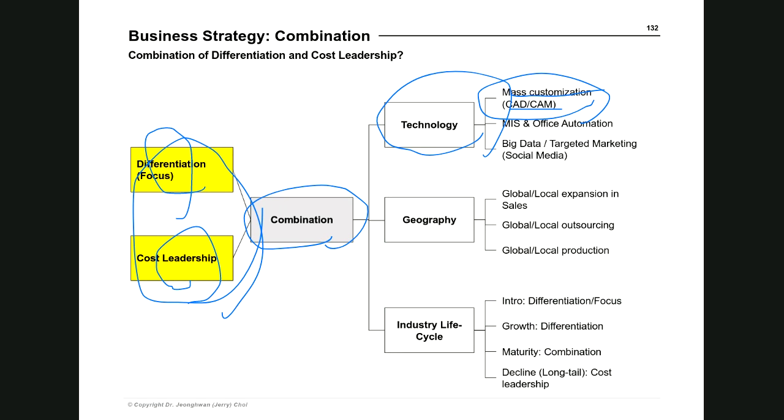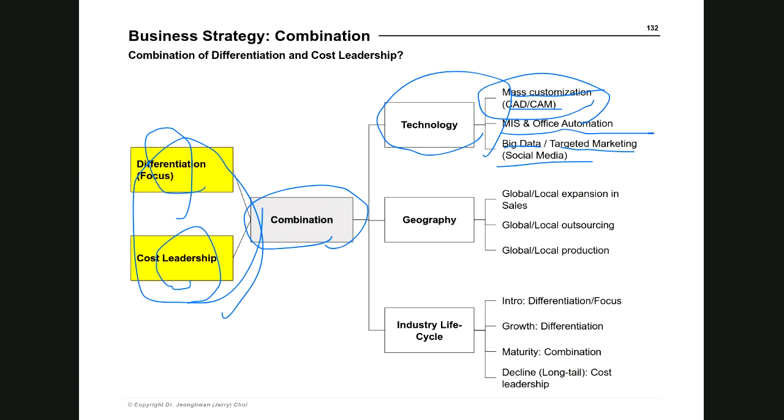And in order to achieve that kind of mass customization strategy, we definitely need MIS, advanced MIS, or office automation as well. And absolutely we are now using a lot of big data, targeted marketing, social media, and data analytics, business data analytics.